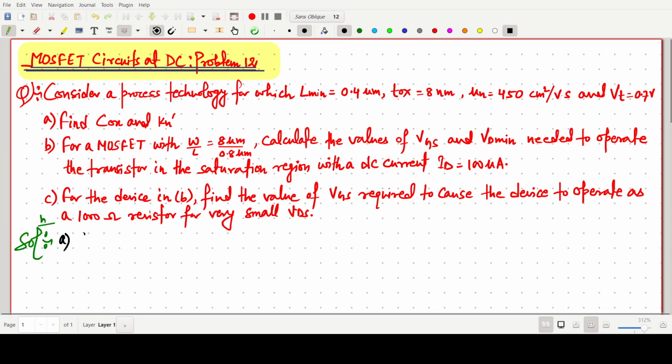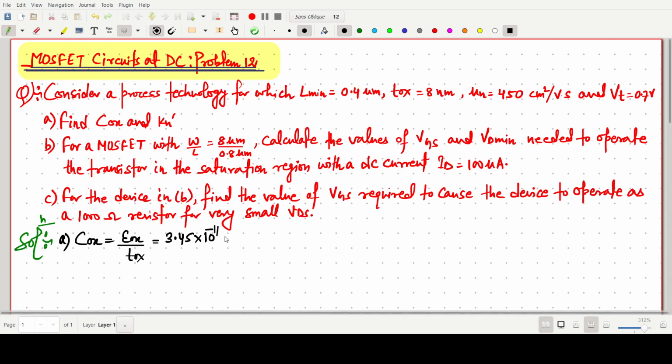For part A, we have to find the oxide capacitance COX. COX can be written as epsilon ox by TOX. This is the formula. Epsilon ox can be written as 3.45 into 10 to the power minus 11 farad per meter, divided by the oxide thickness TOX, which is 8 nanometer, so I am writing 8 into 10 to the power minus 9 meter.